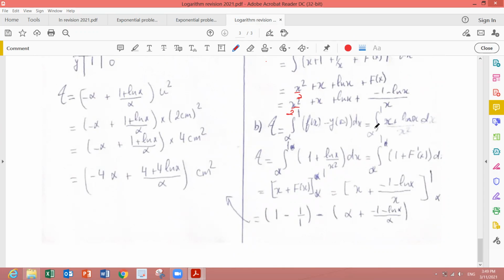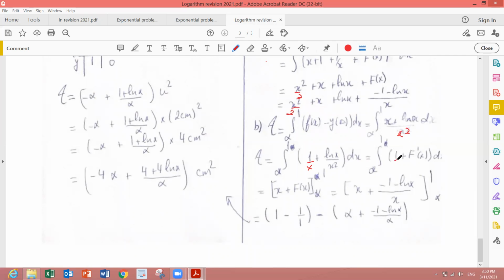The f(x) minus y delta, we get (x plus ln x) over x squared dx. I split it: x over x squared becomes 1 over x, plus ln x over x squared.